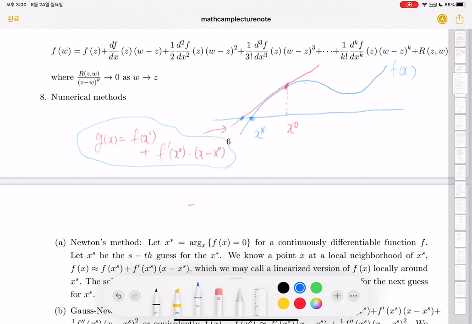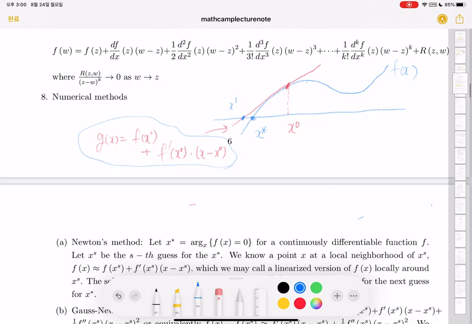So x1 satisfies this condition: f of x naught plus f prime of x naught times x1 minus x naught is 0.